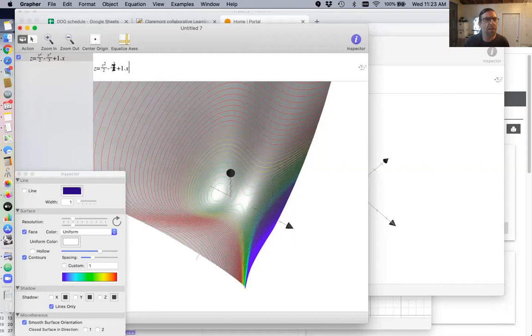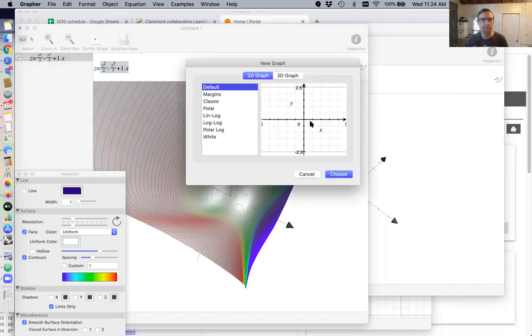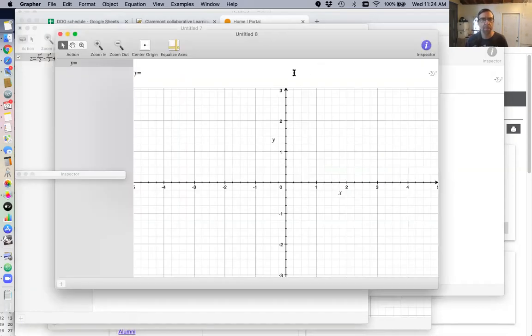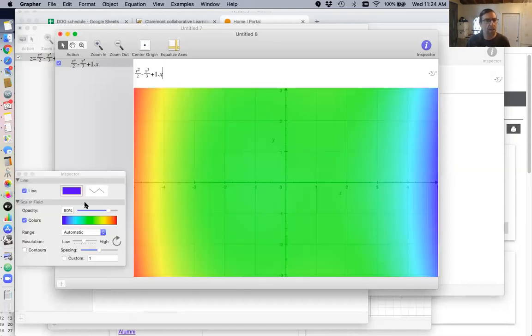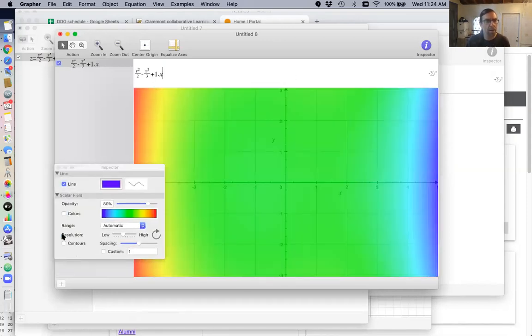So let's take this function and do it 2-dimensionally. I don't want colors, I want contours.